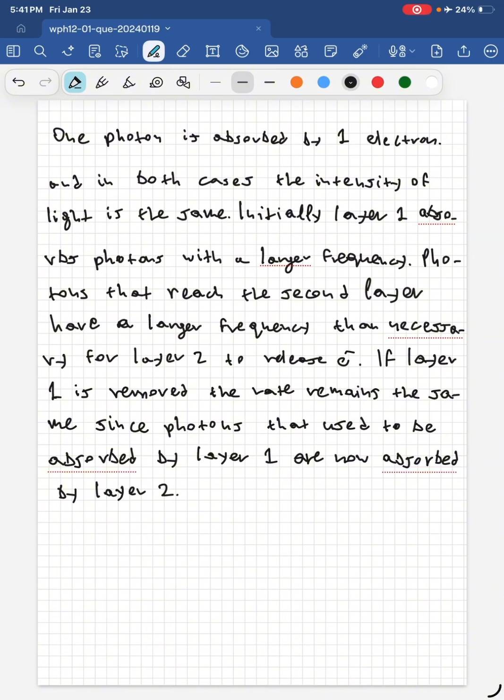And that's the answer. I want to check the mark scheme just to make sure that I didn't mess up something. Okay, so this is part B. The mark scheme says for 1 mark, the number of photons arriving each second on the cell is the same.